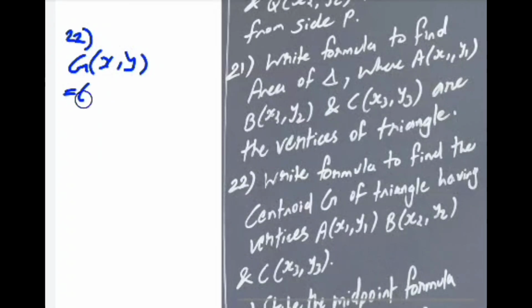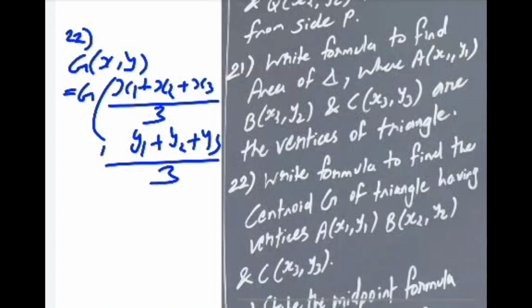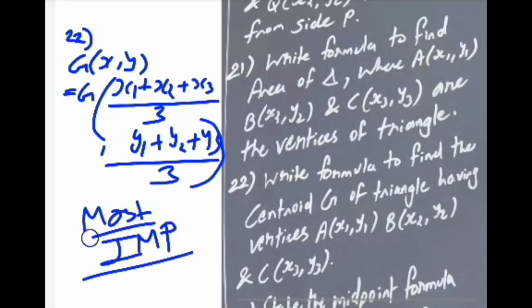Then centroid is G x1 plus x2 plus x3 upon 3, comma y coordinate is y1 plus y2 plus y3 upon 3. Okay, this is the equation for the centroid. It's very important. Okay, this formula is not given, but many questions come from it.